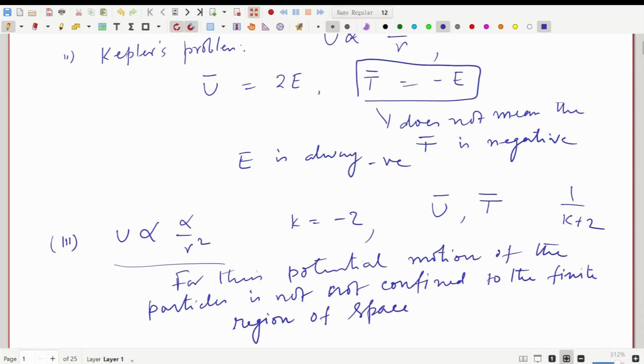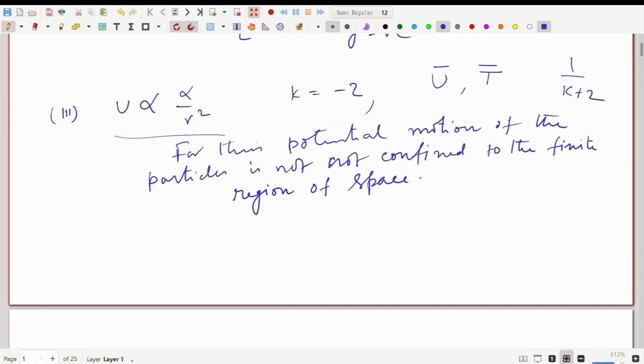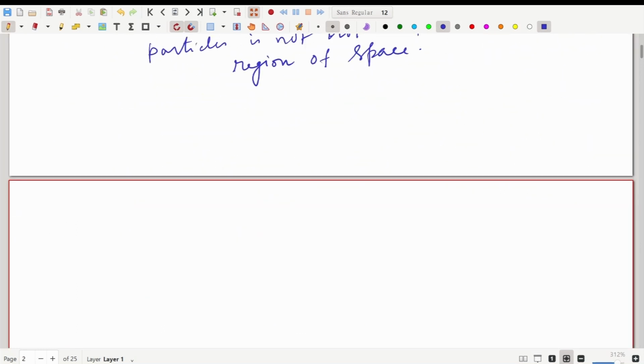That means, for this case, virial theorem is not valid. Virial theorem is valid when the motion is in a finite region of space. Okay, so this was the discussion regarding the last lecture.